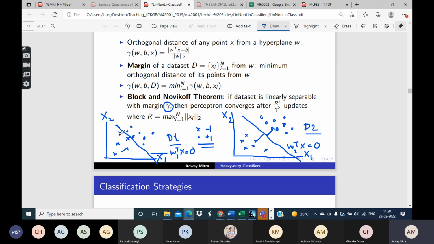We can actually define the margin separately for the two classes. For one class, let us say the class +1, which is the circles, let's define the margin as gamma of +1.